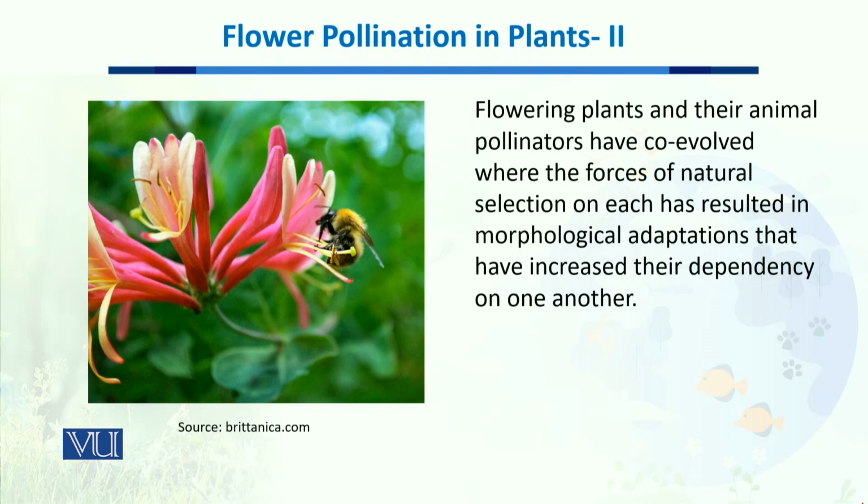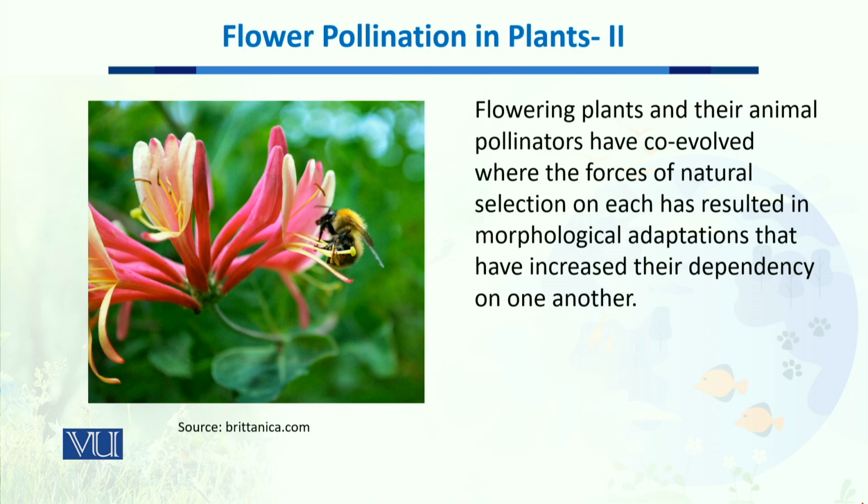Now, when we talk about flowering plants, they also attract a lot of animals, which we call pollinators. They have co-evolved, where the forces of natural selection on each of these flowers and their pollinators have resulted in morphological adaptations which have increased their dependency on each other.